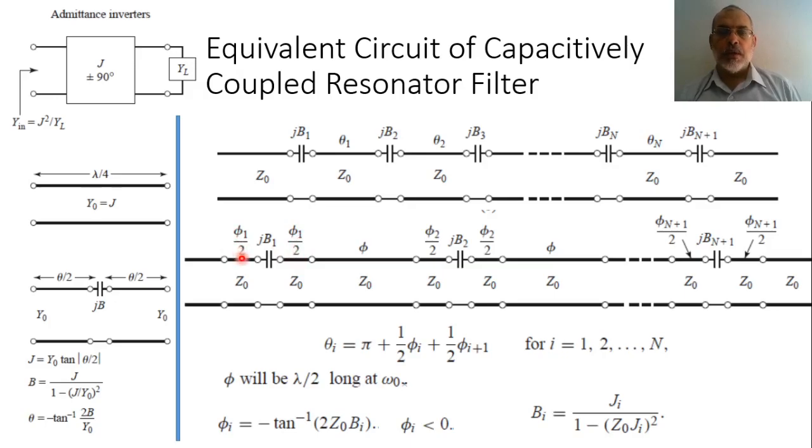If we remember, the admittance inverter J, which has a phase shift of plus or minus 90 degrees, can be represented by a transmission line section of characteristic admittance Y0 equal to J and electrical length lambda over 4.